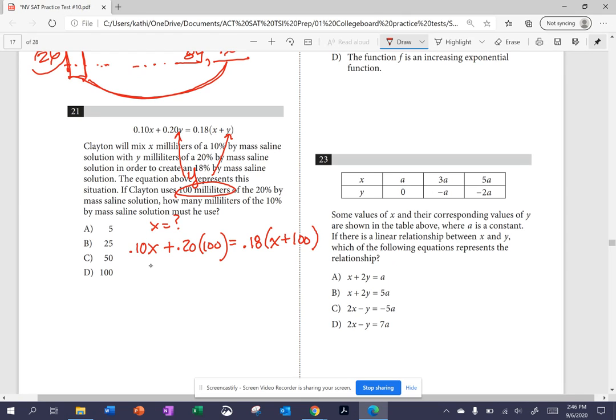Okay, so I'm going to distribute here and multiply out. So I get 0.10X plus 20 equals 0.18X plus 18. So I'm going to subtract 0.10X from both sides.